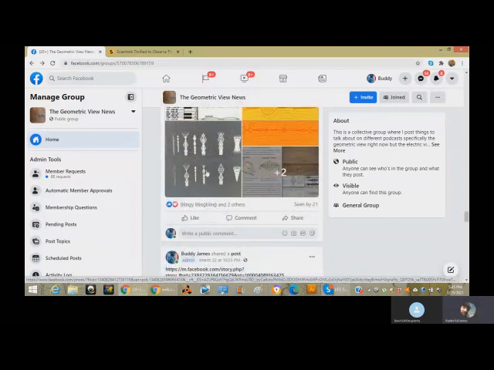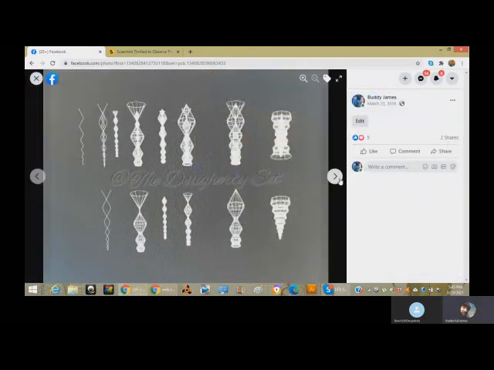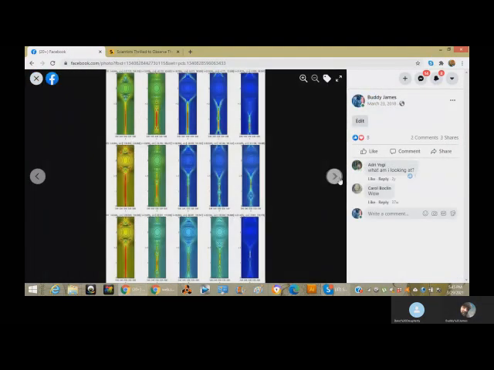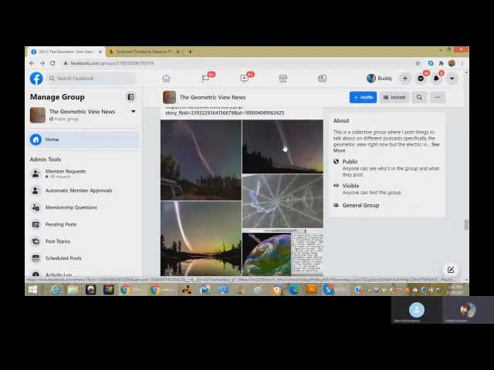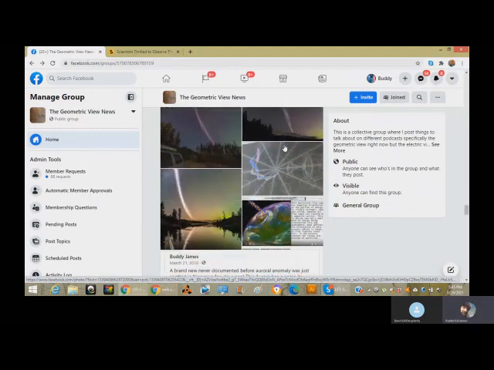Here's plasmoids designed by me with opposing spiral vortices and more of those. Oh man, I wish I remember the name of that. Whatever. Here's Steve, of course.